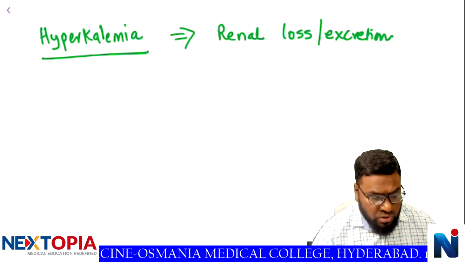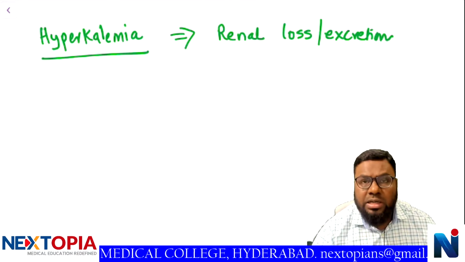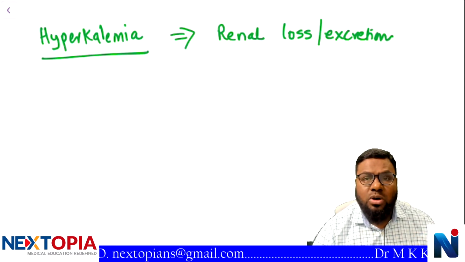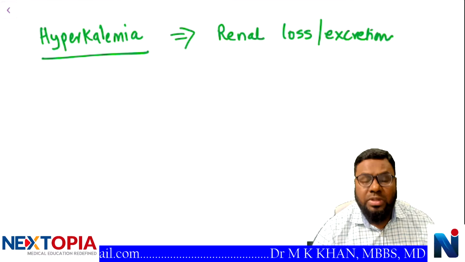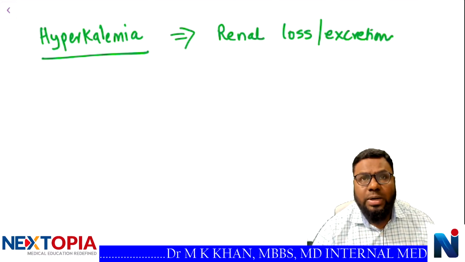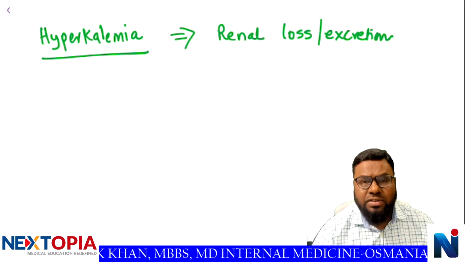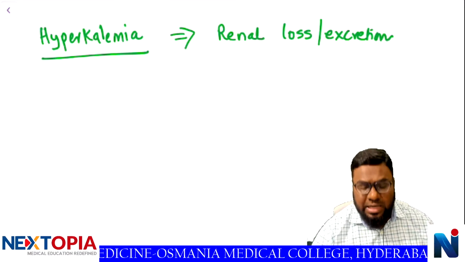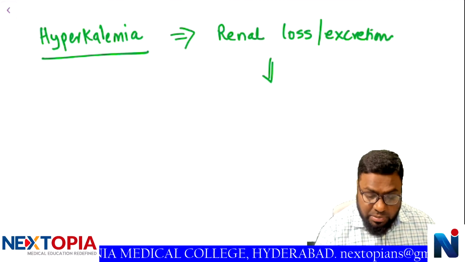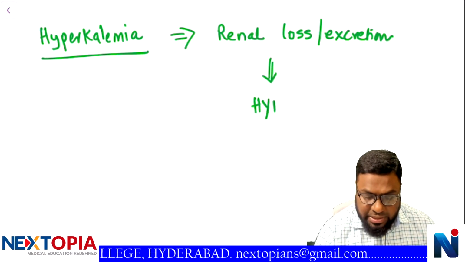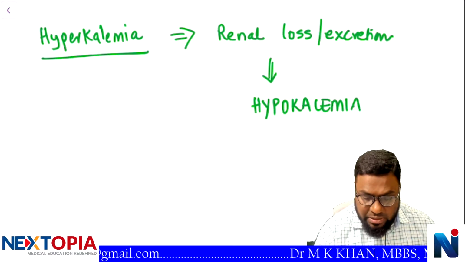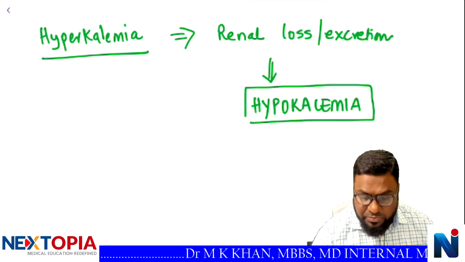Though the levels of potassium are increased in serum, more and more loss is occurring, and consequently, in a period of time, patient may develop hypokalemia. So initially hyperkalemia, later on, long-standing after insulin replacement, patient develops hypokalemia.